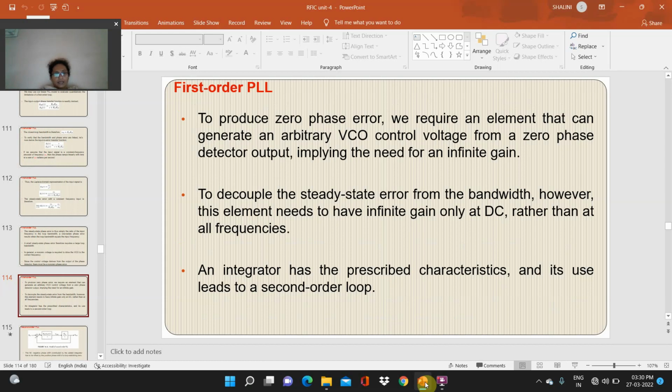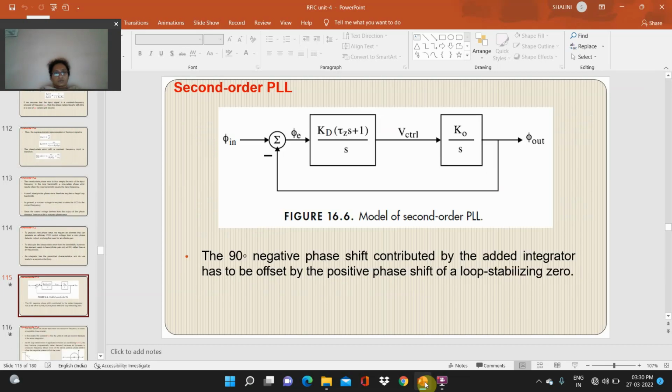An integrator has the prescribed characteristics, and its use leads to a second order loop. The 90 degrees negative phase shift contributed by the added integrator has to be offset by the positive phase shift of a loop stabilizing zero.